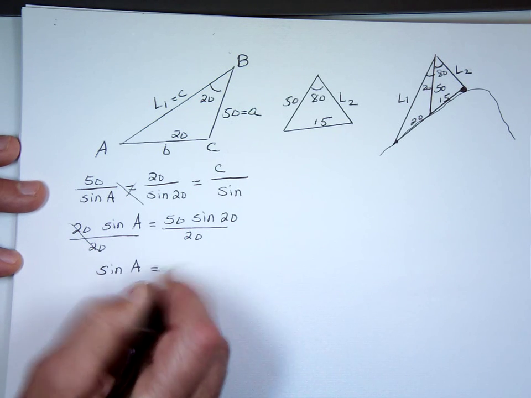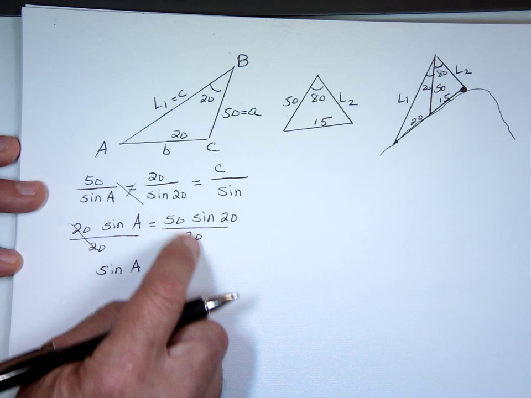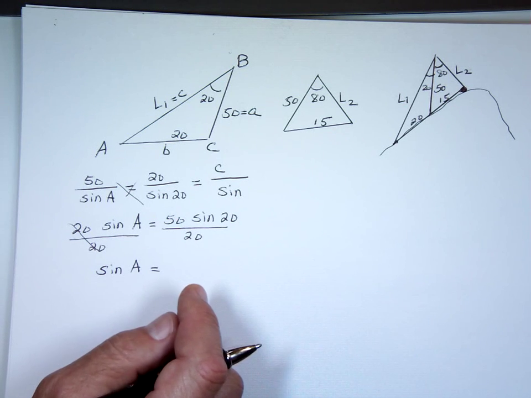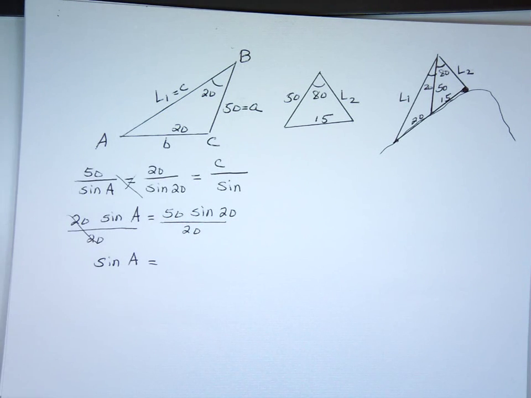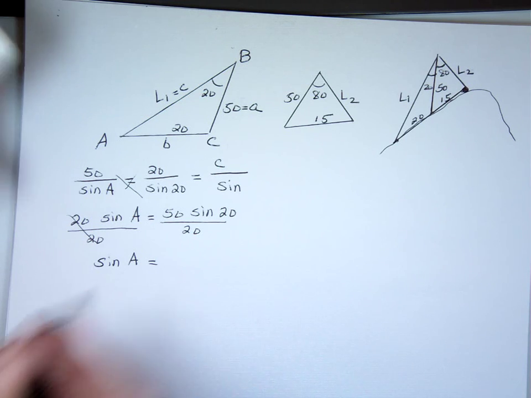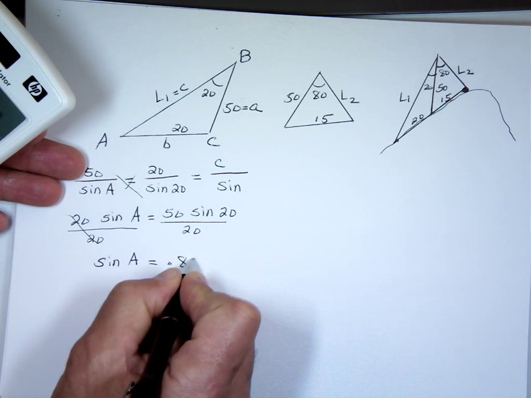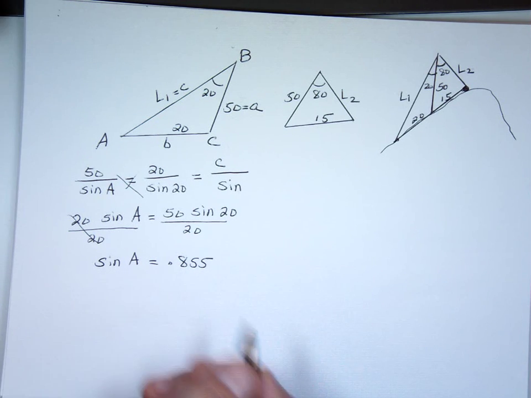I'm nervous about this now, because if that's more than 1, it's not going to work out, because I made numbers up without thinking about them. Let's see what that number is. 50 sine 20 divided by 20. I'm okay there. It's 0.855.